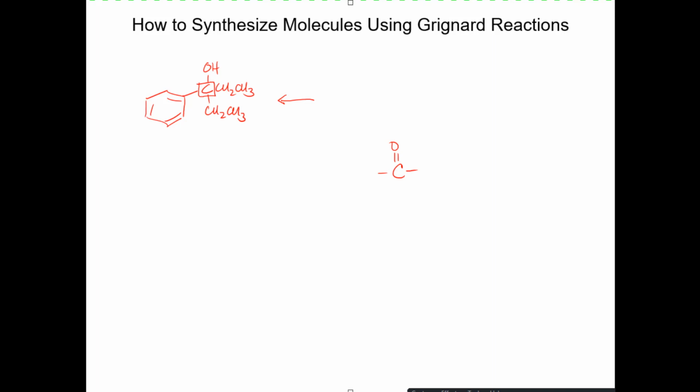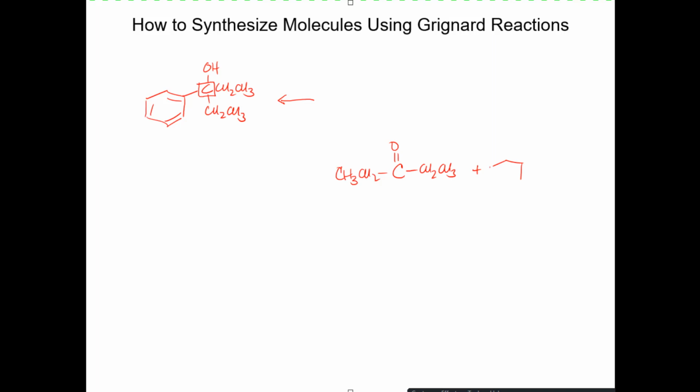So in this case, there's two different ways to do this reaction. The first way might be to say, okay, let's choose two of these three groups to put on the carbonyl to begin with. So maybe I have the two ethyl groups on the carbonyl to begin with.